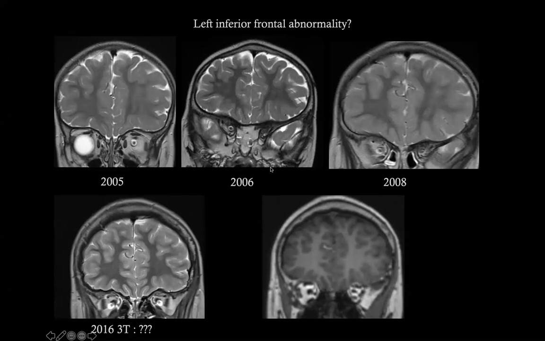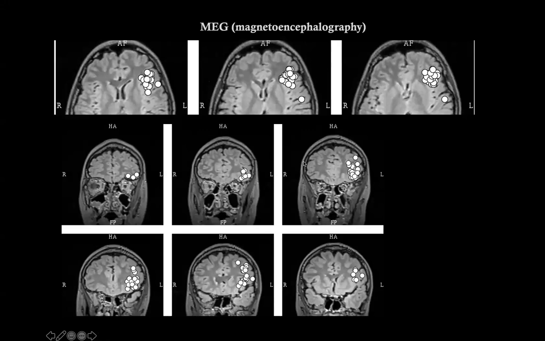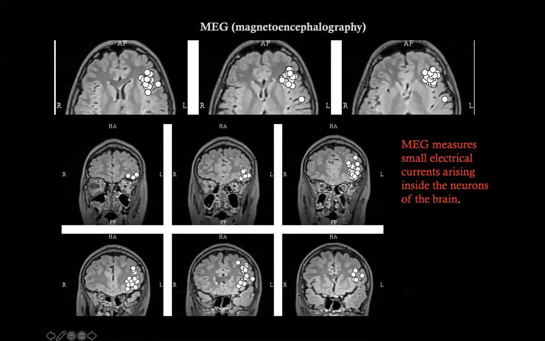But how can you help yourself when you have this kind of tricky situation with epilepsy? Well, we can do other stuff. This is magnetoencephalography, MEG. And MEG measures basically small electrical currents arising inside the neurons of the brain.